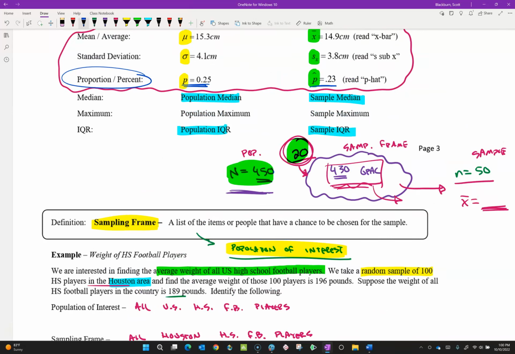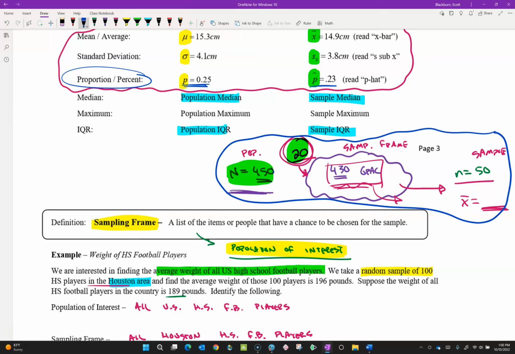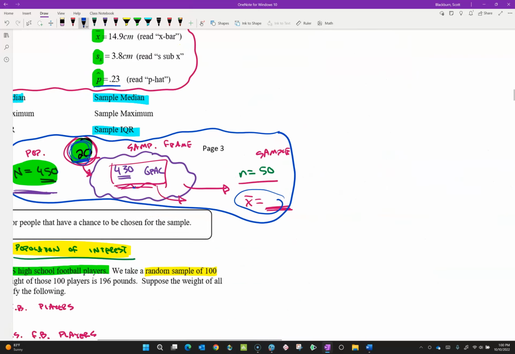This little mini example of surveying kids from our school and asking about their attendance. The 20 kids that are gone, that's undercoverage. These 20 people were not selected, were impossibly selected for the survey. Well, if their attendance is different than the attendance of the people that were at school, then my sample means are not going to be right.